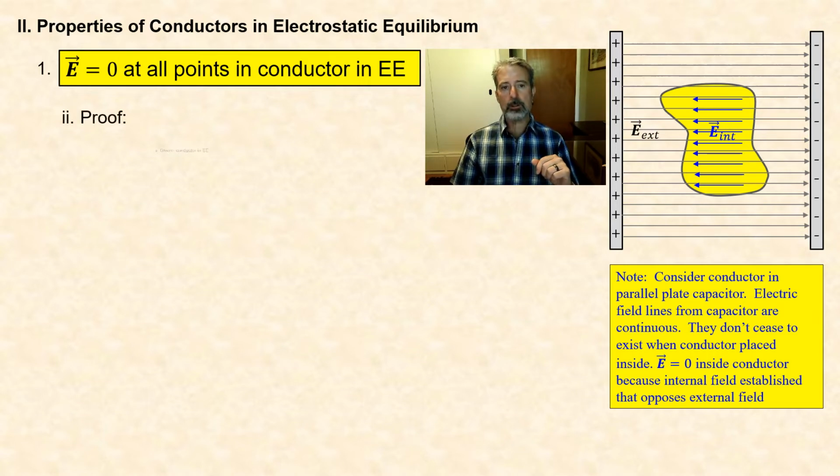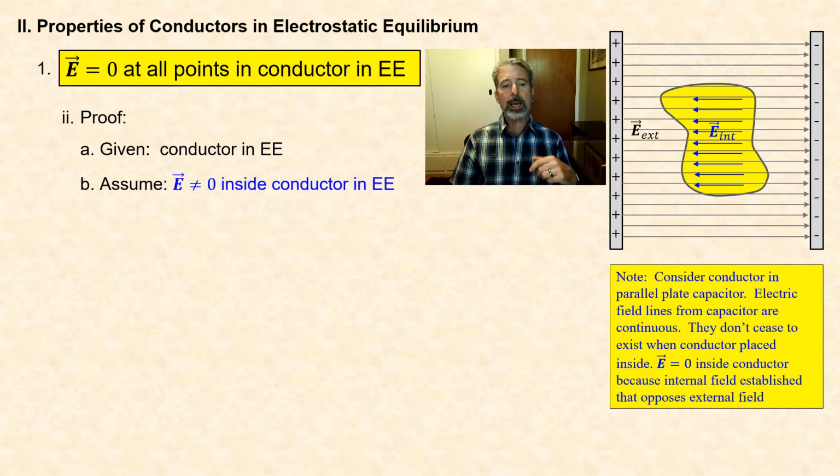So here it goes. Given that we have a conductor in electrostatic equilibrium, let's assume that the electric field is not zero inside the conductor. So you see how we're really assuming the opposite of the property, and we're now going to show that this leads to an apparent contradiction.